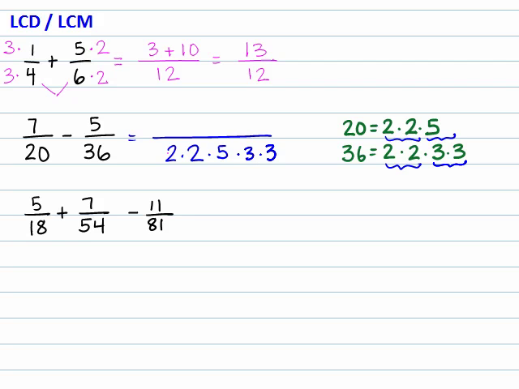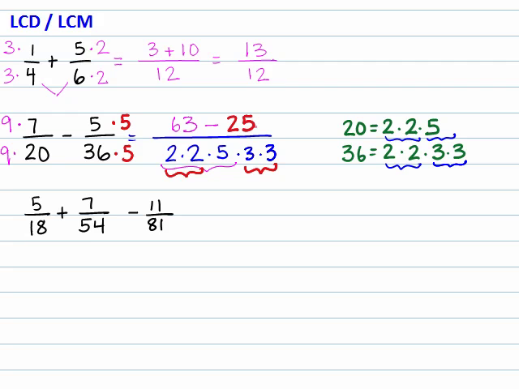Now 20 is 2 times 2 times 5, and what's missing from 20 to become this least common denominator, which is 2 squared times 5 times 3 squared, is 3 squared. 3 squared is 9, so I'm going to multiply 20 by 9 and 7 by 9, that will be a 63 in the numerator, minus, from 36 what I am missing is, so 36 is the 2 2's and the 2 3's, I'm missing a 5, so if I multiply 36 by 5 and the numerator by 5, I will get a fraction with that least common denominator.